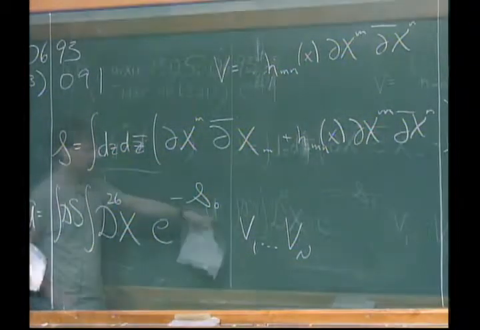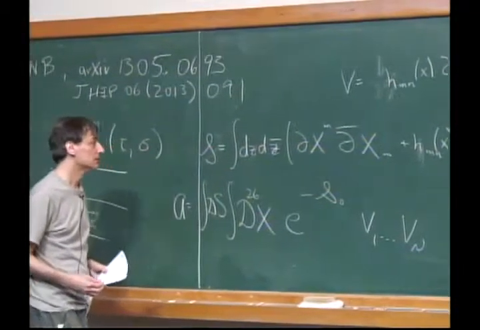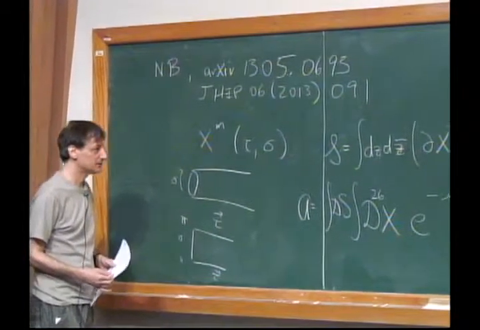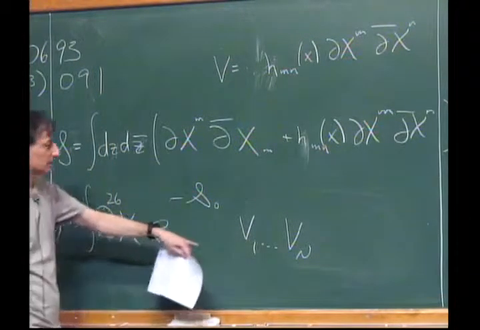So this describes a scattering amplitude computation of n gravitons. Okay?